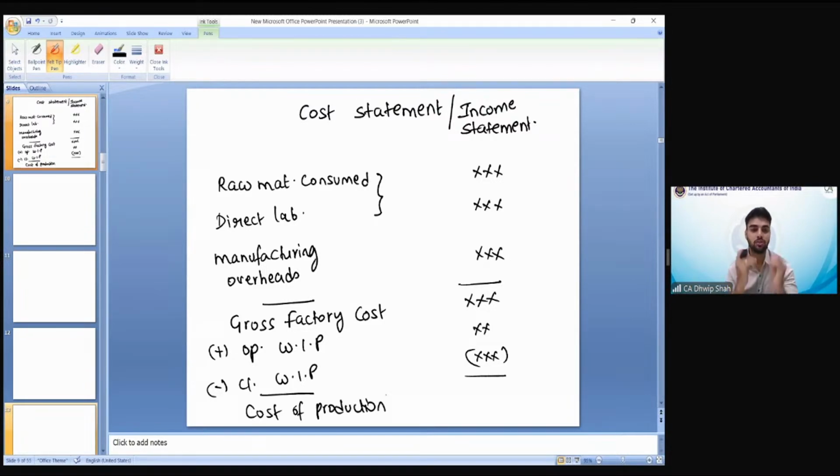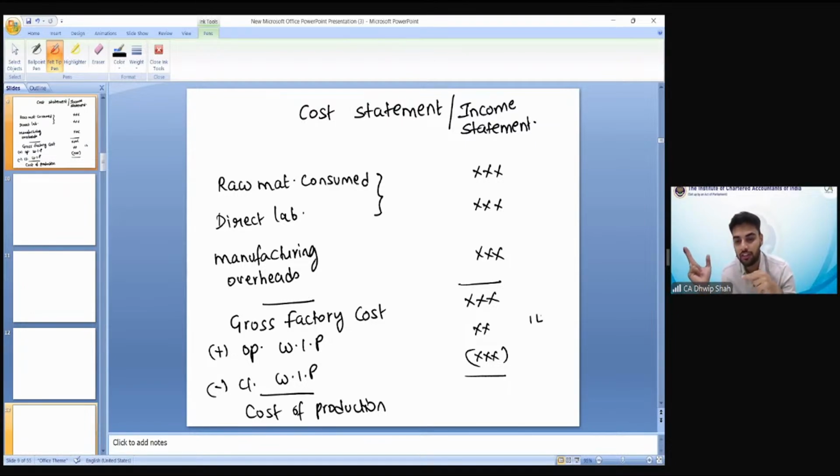But as I told you, there is a standard assumption of this chapter that unless otherwise specified, all activities accrue evenly throughout the year. Means at any given point in time, you come to my factory, even late, and the amount of work in progress is 1 lakh. Even if you come after 15 days, the amount in process would be 1 lakh only.